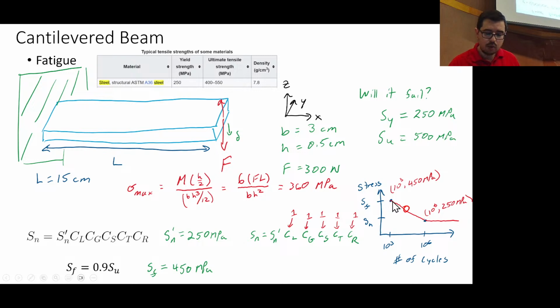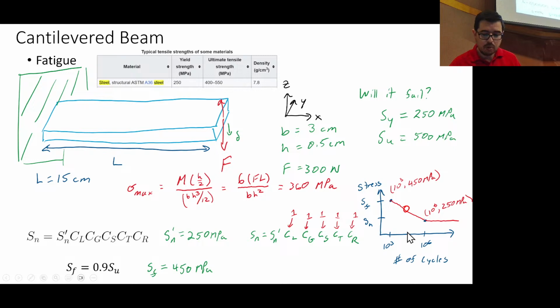Okay? So if the ultimate tensile strength is 500 megapascals, 0.9 would be 450 megapascals. And then the SN prime value, with all these factors equal to 1, is equal to the SN, the endurance limit there. That is going to be half of the ultimate tensile strength, and so that's going to be 250 megapascals.